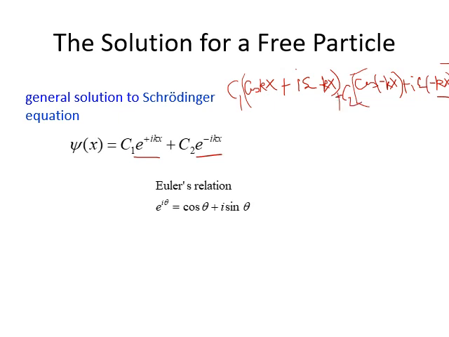Now cosine negative kx equals cosine kx, and sine negative kx is negative sine kx.